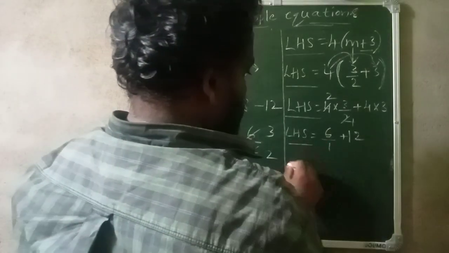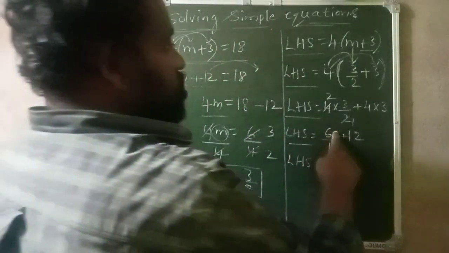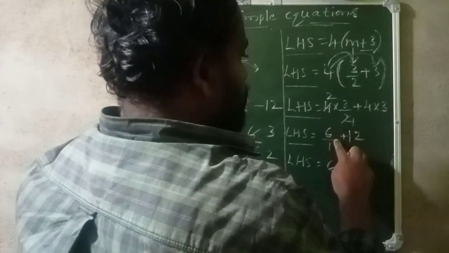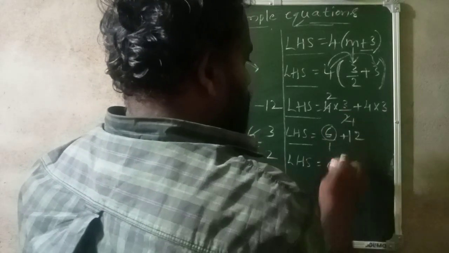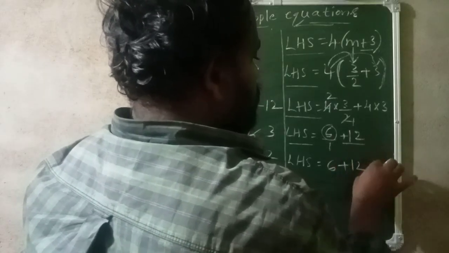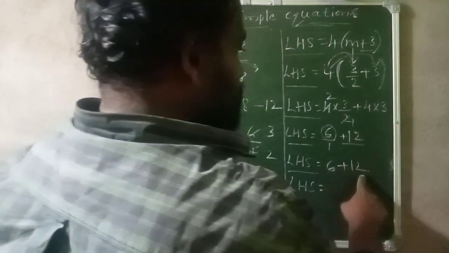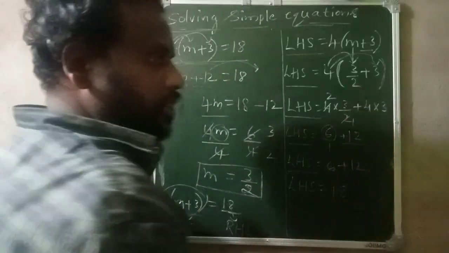So next step for write this LHS is equal to now 6 by 1 is 6 because any number divided by 1 will give the same number here. Next plus 12. So next step for write this LHS is equal to 6 plus 12 is 18.